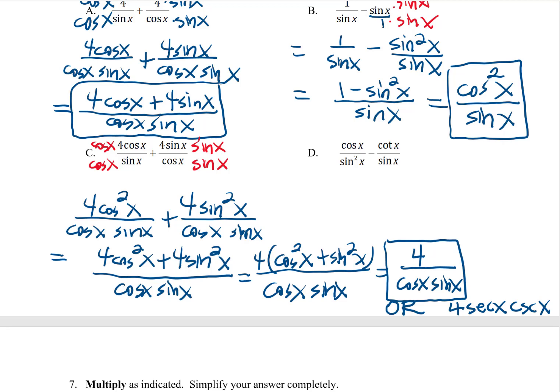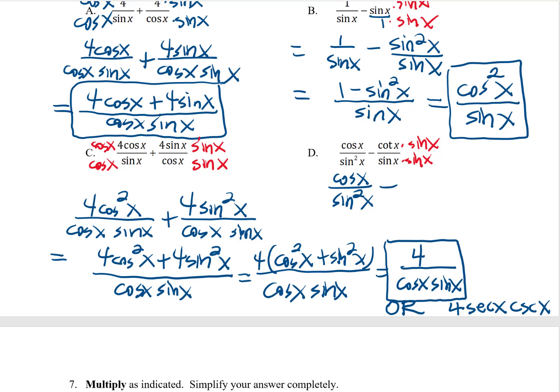And then letter D, let's see, the first denominator is sine squared x. The second one is sine x. If I just multiply one more sine x here, then the denominators will match. So this one was fine the way it was, cosine x over sine squared x. What about this other one? What's cotangent x times sine x?